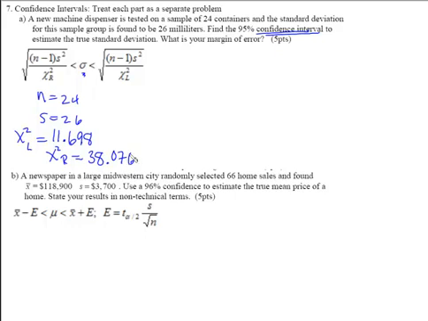Okay, so now you have all your values, and you really just need to put them into the formula. So your sigma is going to be between 23 times 26 squared divided by, notice the left side takes chi squared sub R, so 38.076.